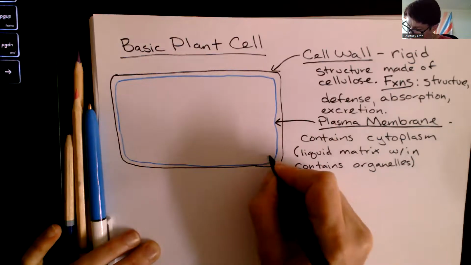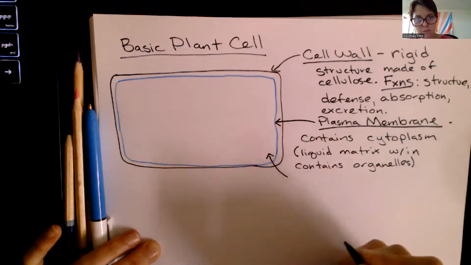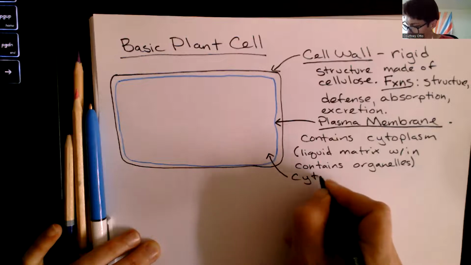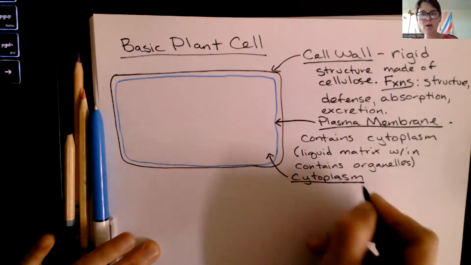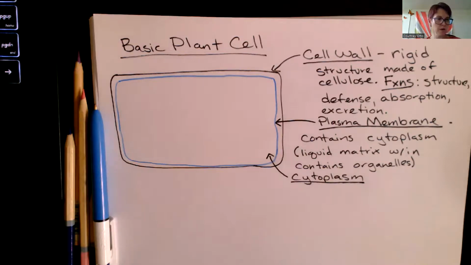So the cytoplasm is going to be everything that's inside of this little blue line. And inside of there, we're going to find all these specialized compartments or organelles.